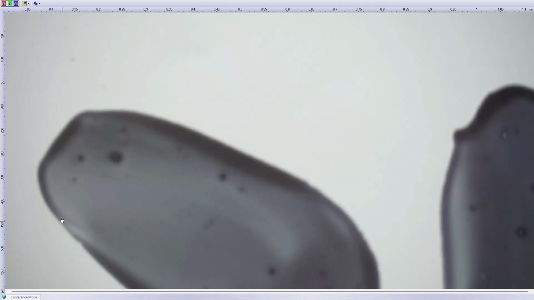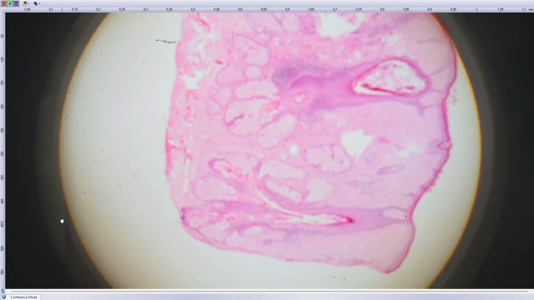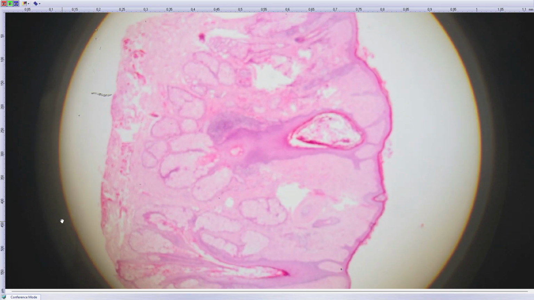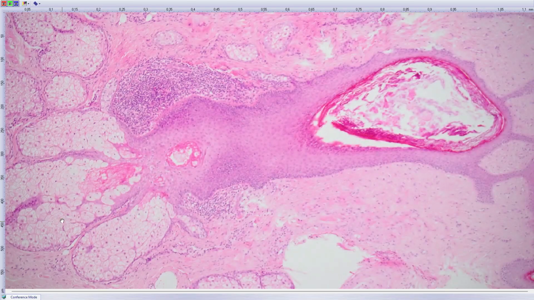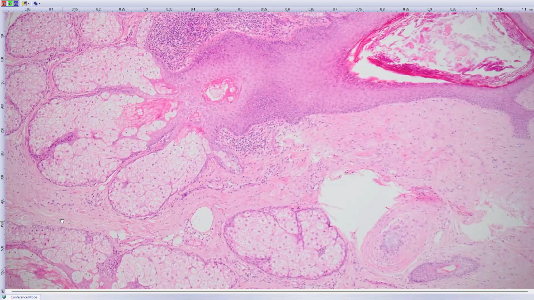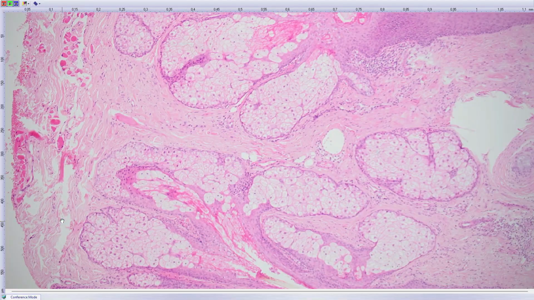Here again, it is a patient with a lesion on the face. The patient had hundreds of lesions over the face and shoulders. Besides that, the patient had a kidney tumor, which we could not review, but it was described by a pathologist as epithelioid angiomyolipoma.